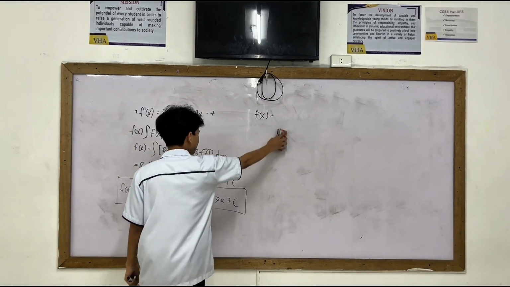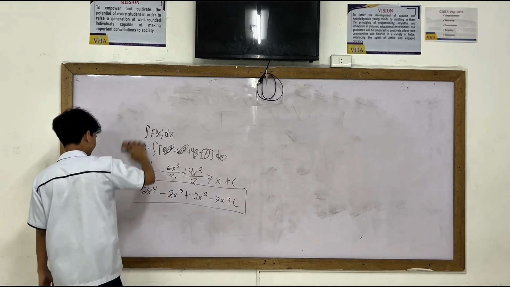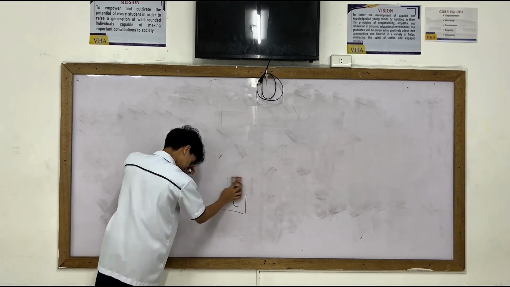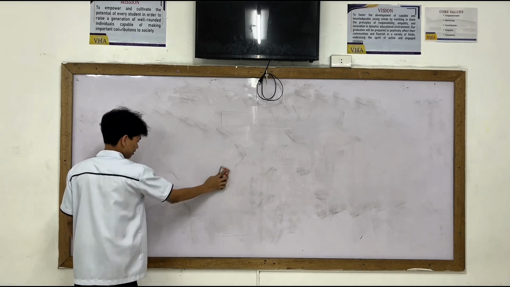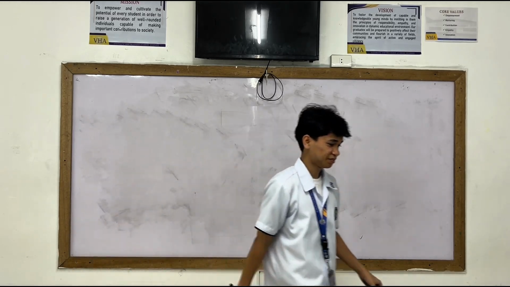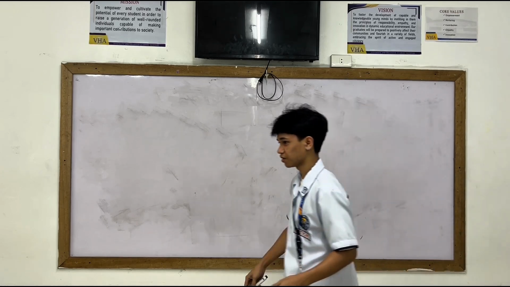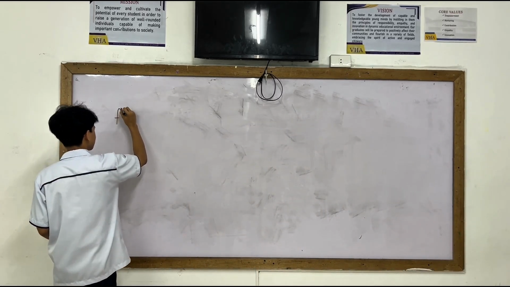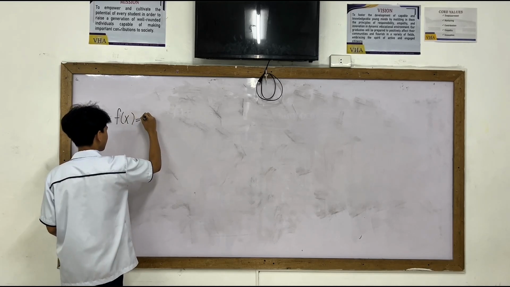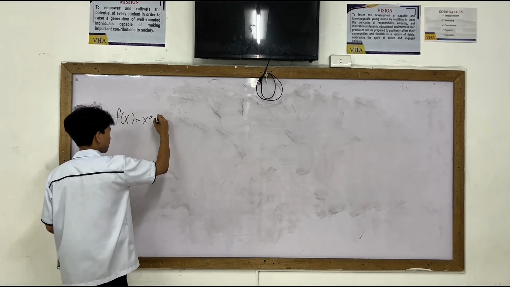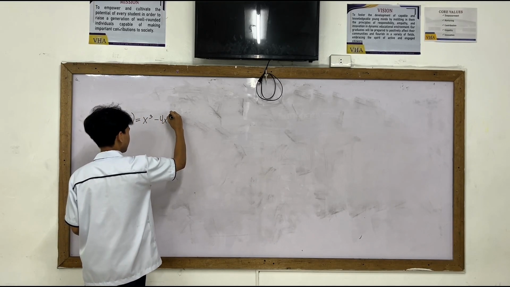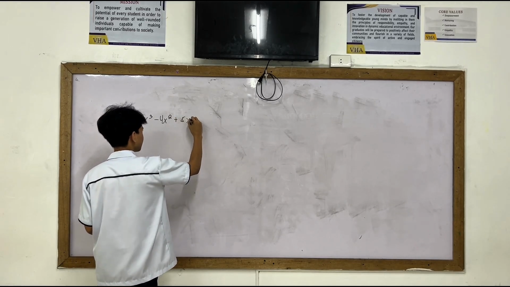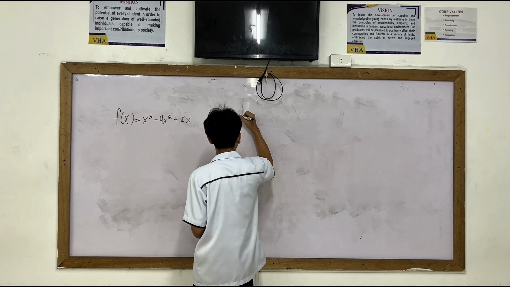The next example is f of x is equal to x cubed minus 4x squared plus 8x, and we're gonna find the capital F of x.